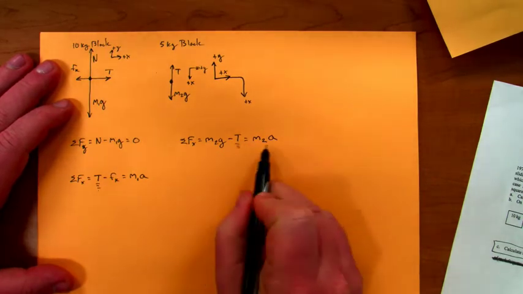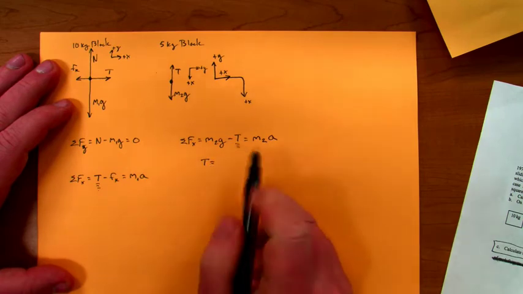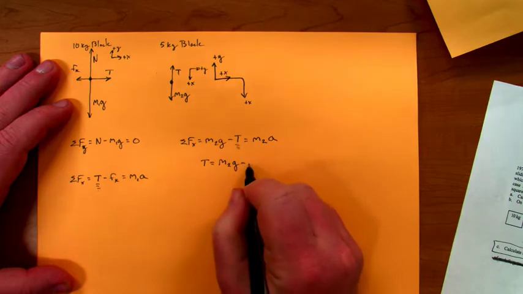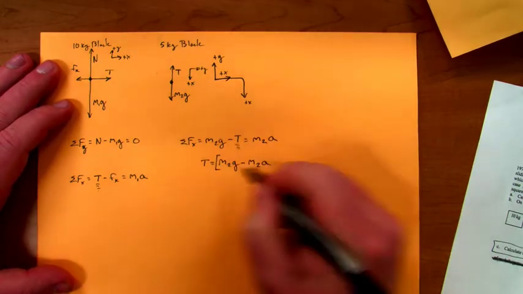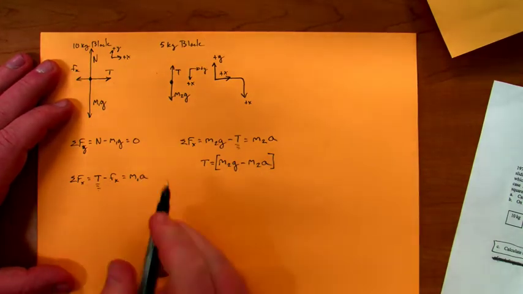If I rearrange this equation to solve for T, I get T equals M2G minus M2A. That's all I did with some algebra. Now I can take that and plug it into this equation.